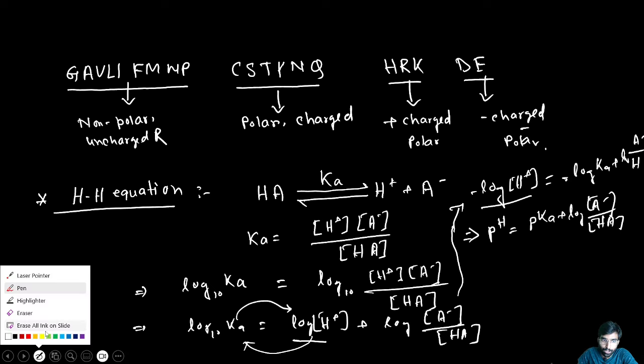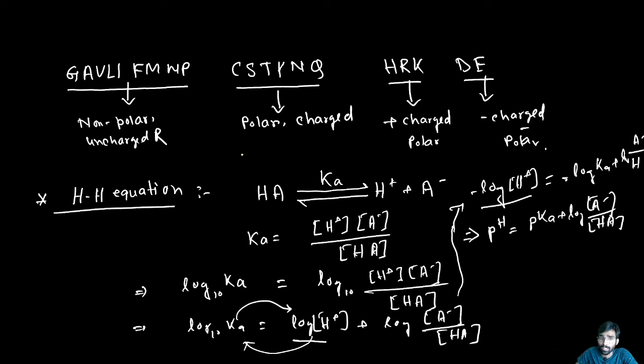The catch is that polar groups like SH and OH also show some kind of pK. You have to be aware of this, as in some questions they can mention the pK of these, but it's very rare.